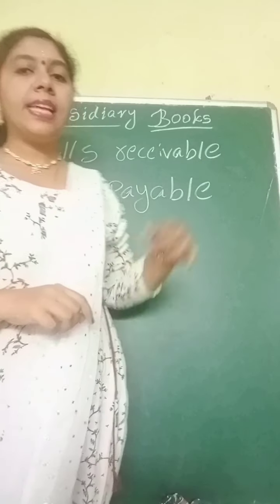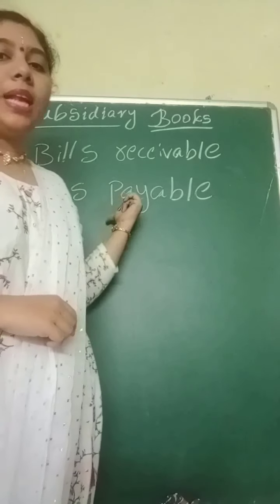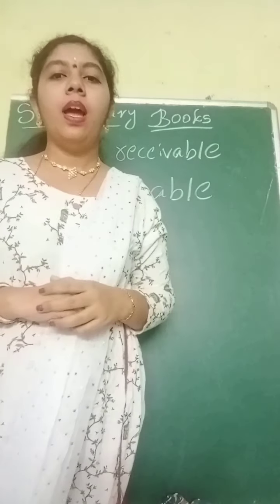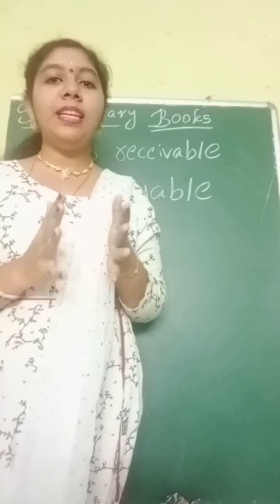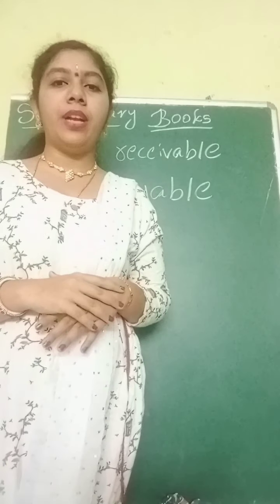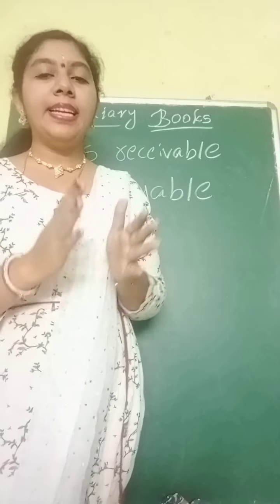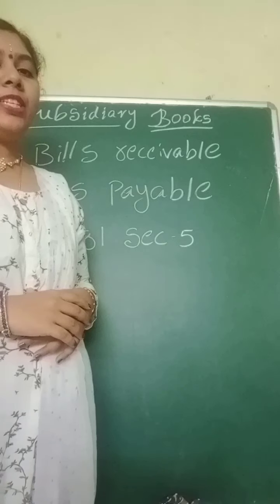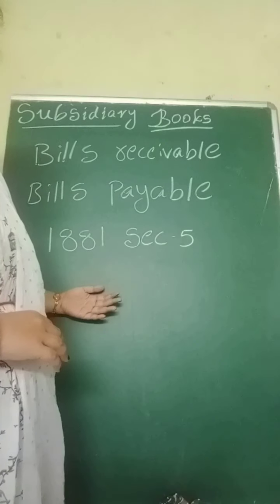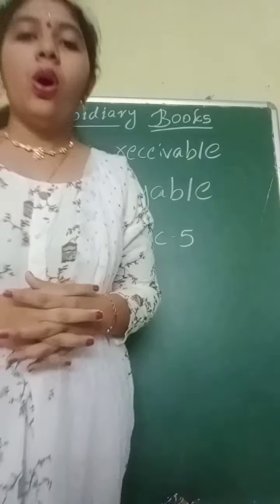The sixth one is bills receivable and the seventh one is bills payable. According to the Negotiable Instruments Act 1881, under section 5, a bill is a document for credit transactions.